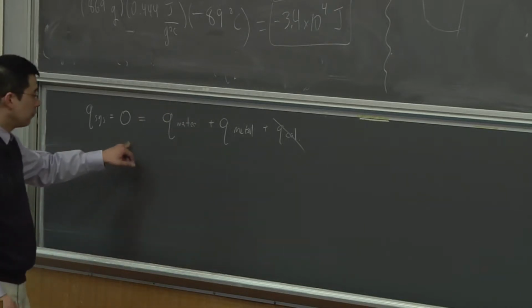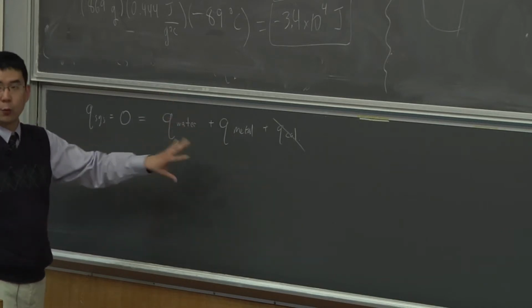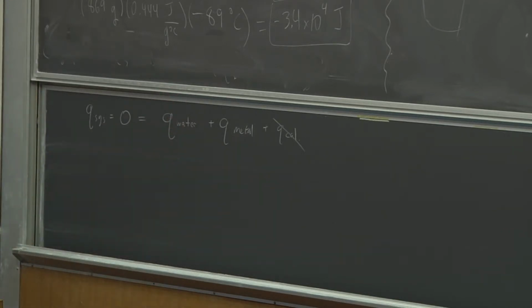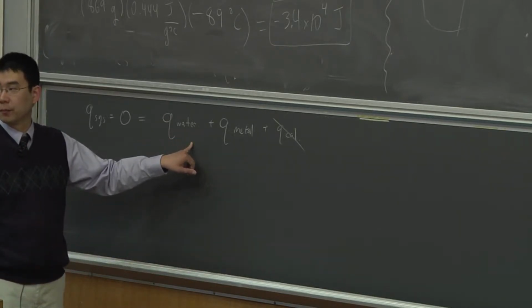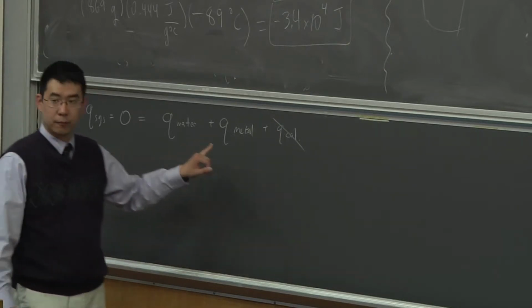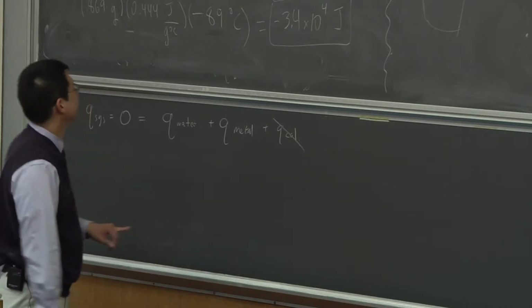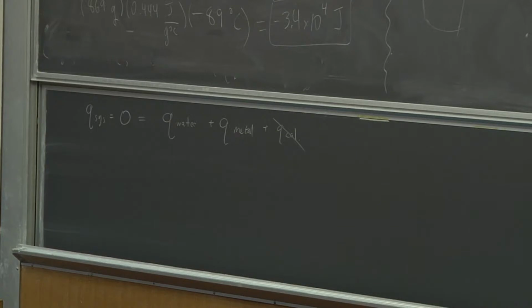Using what we already know, how can we solve this problem? Well, what's Q of the water? The formula is on the board somewhere. Q equals ms delta T. Very good.